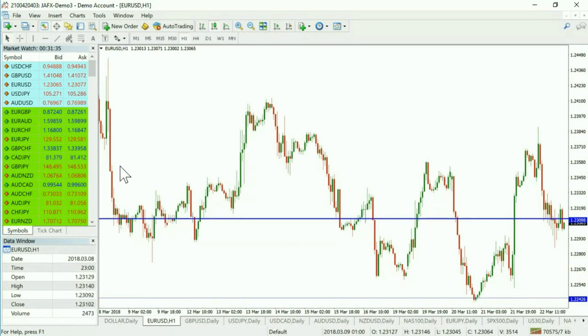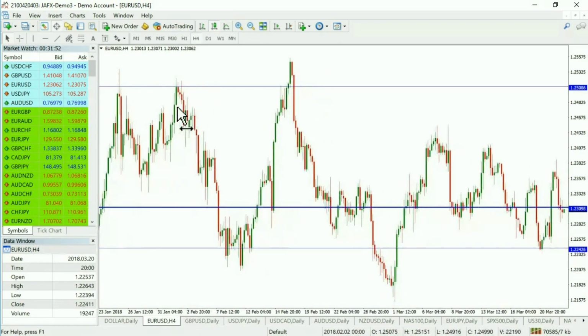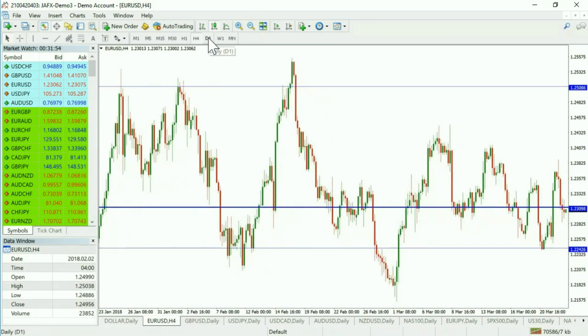So looking at this hourly chart, you can see that the market has been moving above and below this particular level of support and resistance on an hourly time frame for a significant period of time. And again, if we go up in the time frames once more, the picture begins to change.